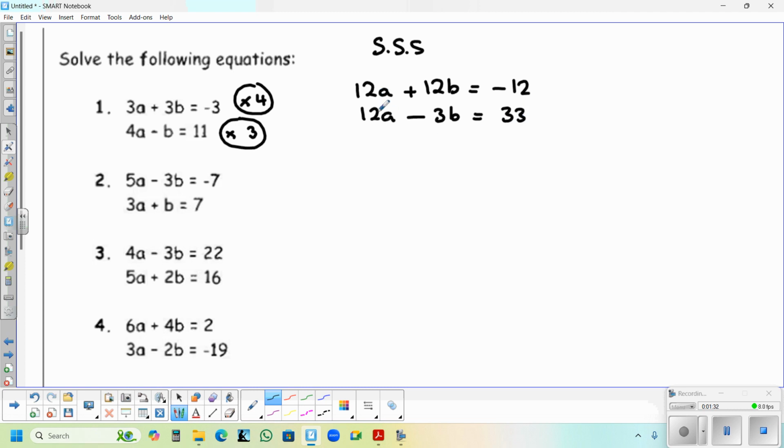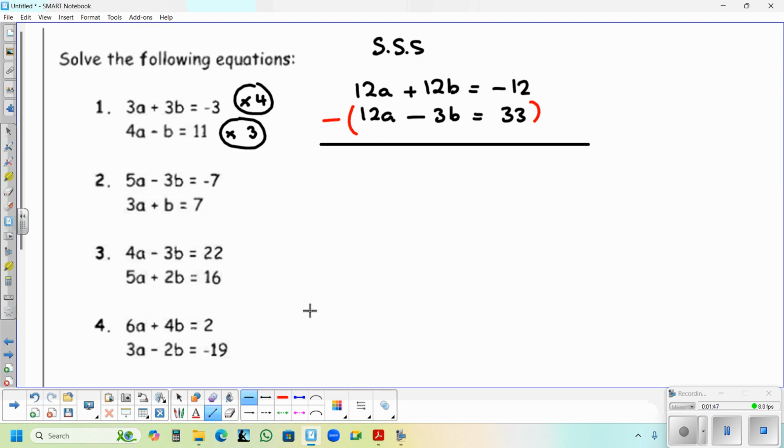Now, we've got the same numerical value in front of a. They're both positive, so really what I've got to do is take them away. Put a big bracket around it and go through each term in turn. First, 12a take away 12a. That disappears. That was the whole point of doing this.